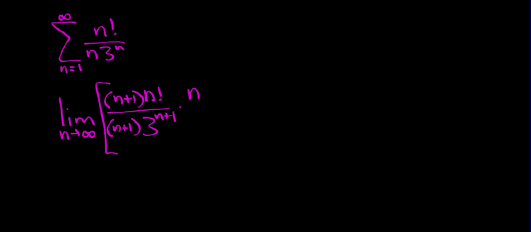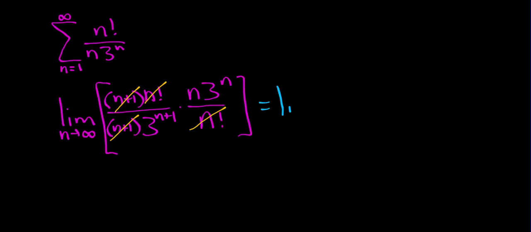Now, let me divide by a sub n. So I've got 3 to the n over n factorial. I'll multiply by the reciprocal. Now you can see why I did this. These factorials get rid of each other, and it looks like the powers of 3 will cancel too. So now let's see what we've got.